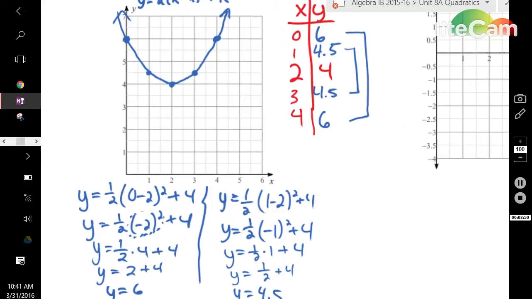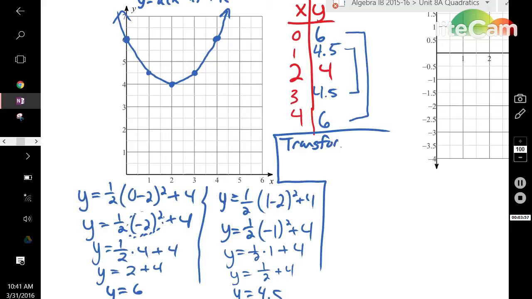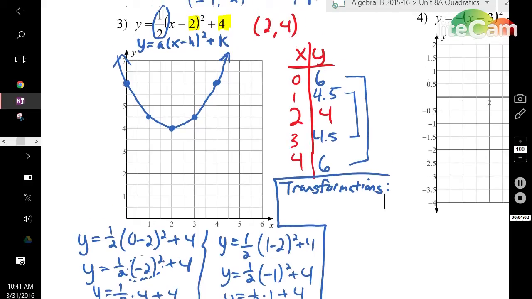So to describe the transformations. Where did it move? How did it move? Well, the vertex is 2, 4. That means it moved right 2 and up 4.